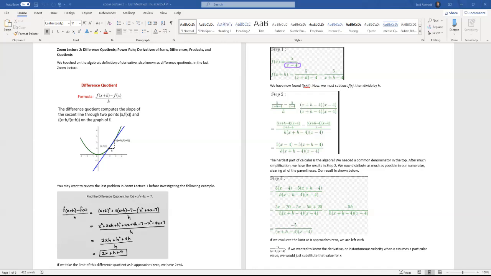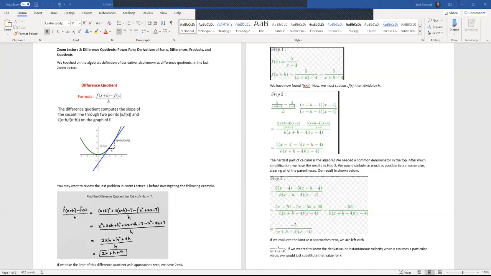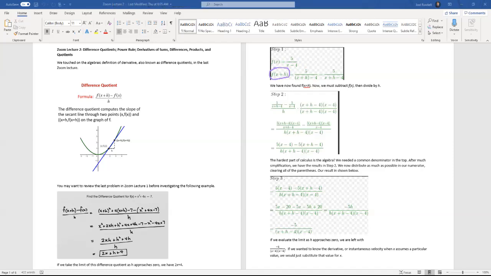So just like the first problem, all we're doing here is we're looking for the difference quotient for the function 5 divided by x minus 4. The first thing we do in order to find the difference quotient is we figure out what is f of x plus h.